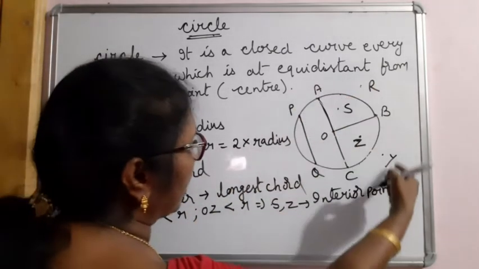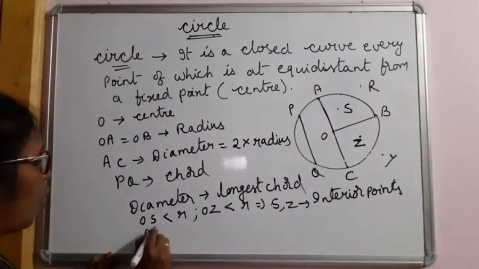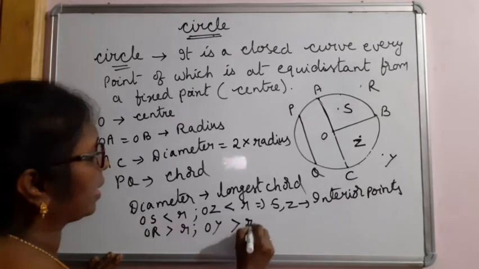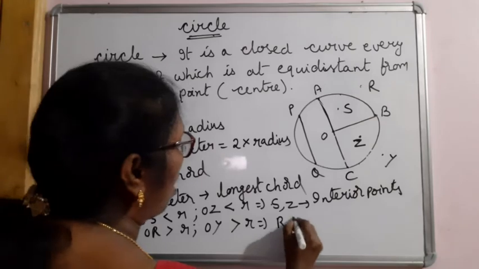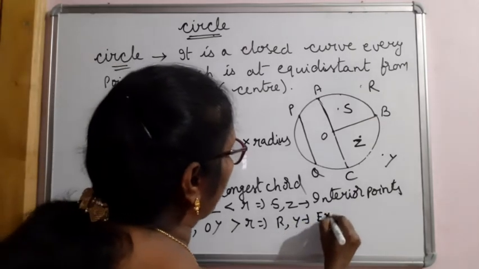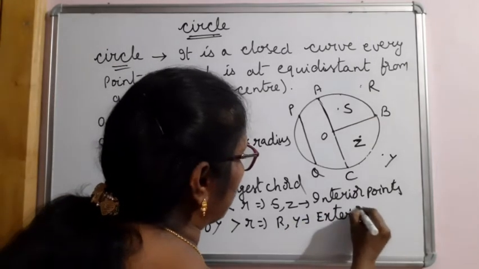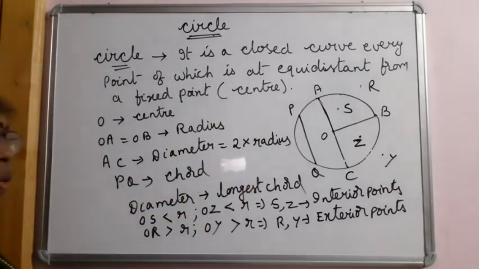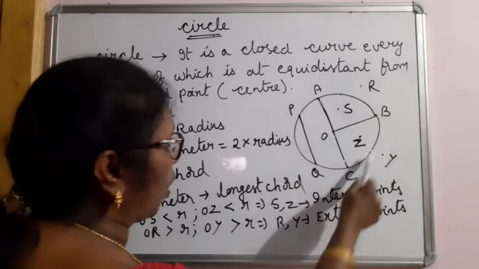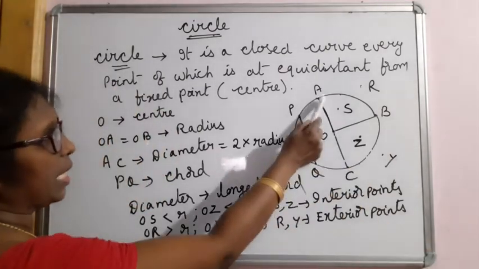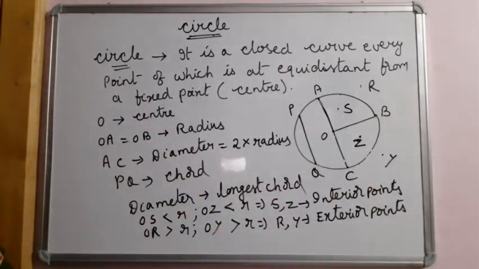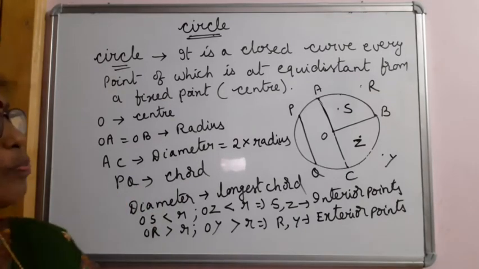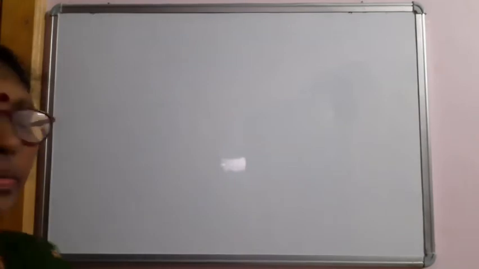And we said R and Y are exterior. OR is greater than radius. OY is also greater than radius. That means R and Y are exterior points for this circle. And if a point is on the circle, the distance from the center to that point is the radius. Already we have learned. And let us learn some more points also now.